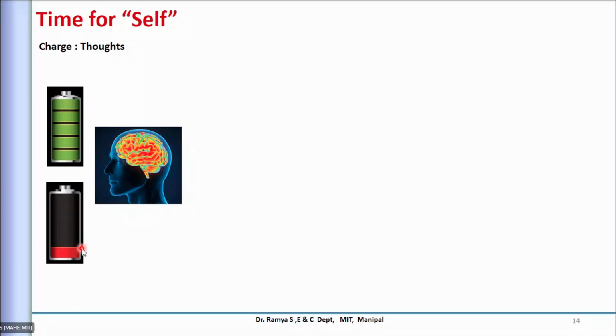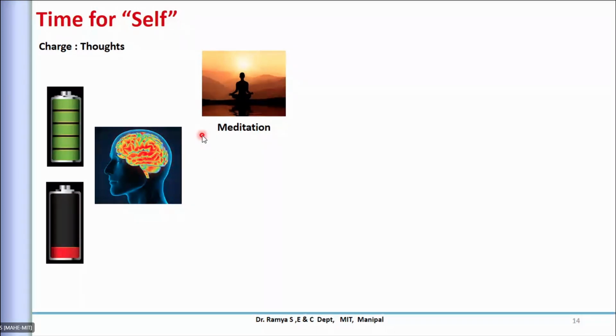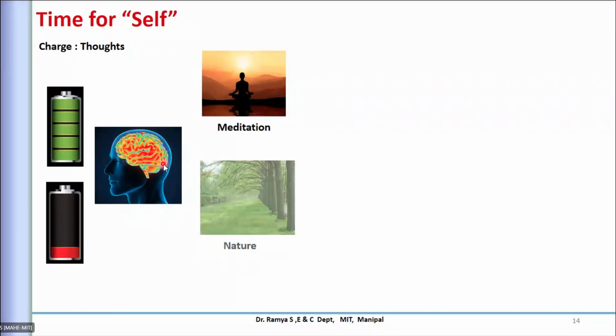So it can be improved or developed, and you can have more energy by giving some time for activities which can bring out a better thought process in your brain. One is meditation, or you can go to nature.